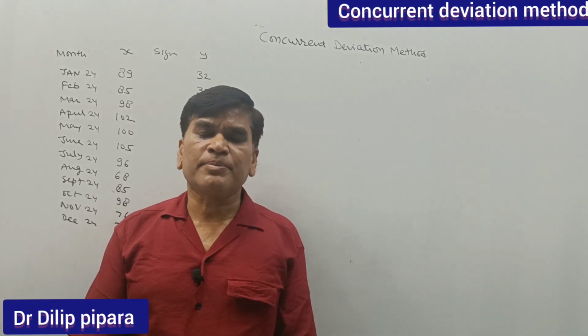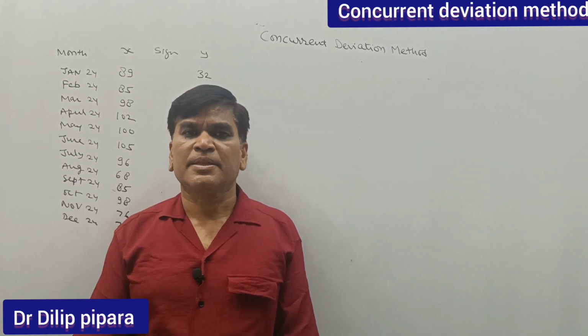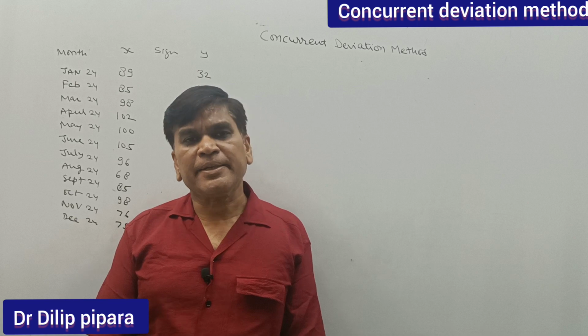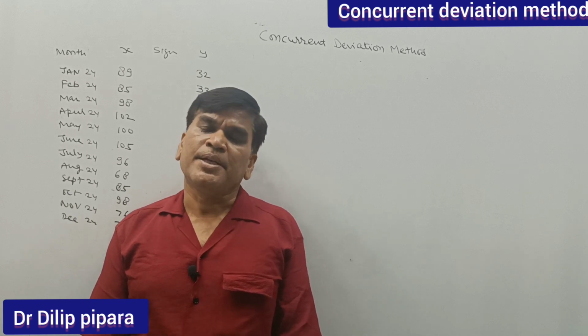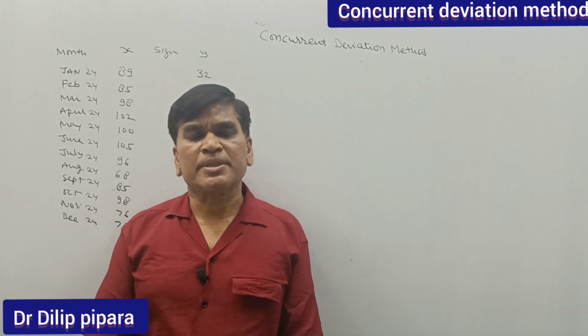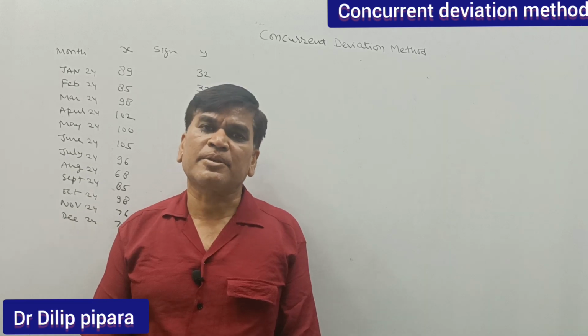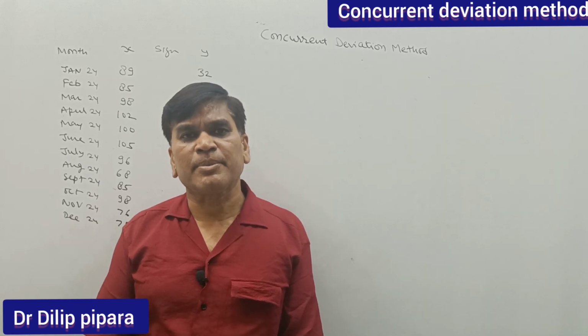In the last video from the correlation chapter, we discussed how to calculate the rank difference method of correlation. In today's video, we are going to discuss another method of correlation, called the concurrent deviation method.